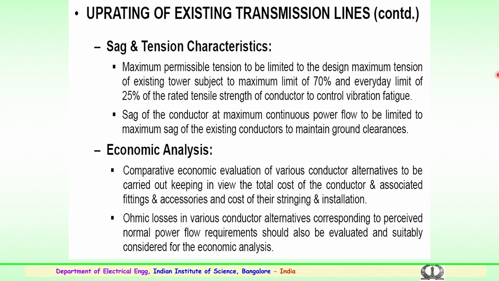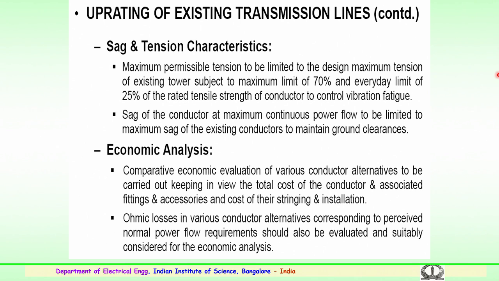Here the maximum permissible tension is limited by the design maximum tension of the existing tower, subject to a maximum limit of 70%, and an everyday limit of 25% of the rated tensile strength of the conductor, to control vibration or fatigue due to vibration or wind.